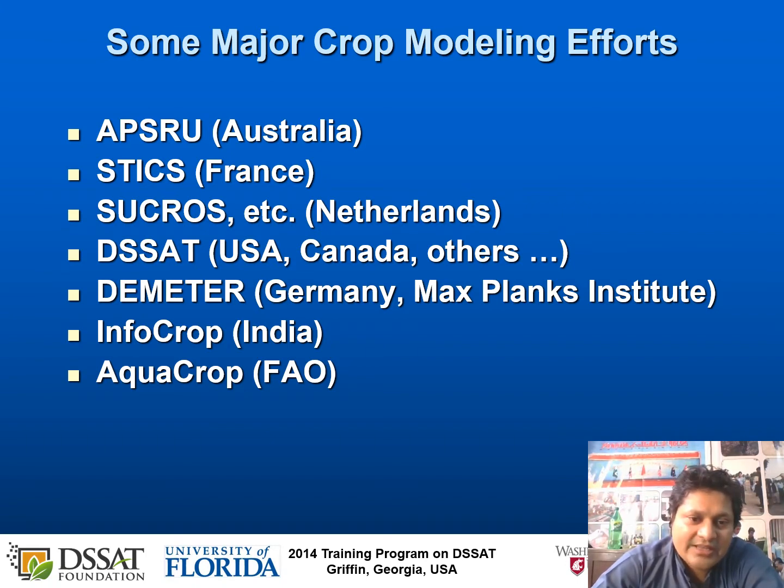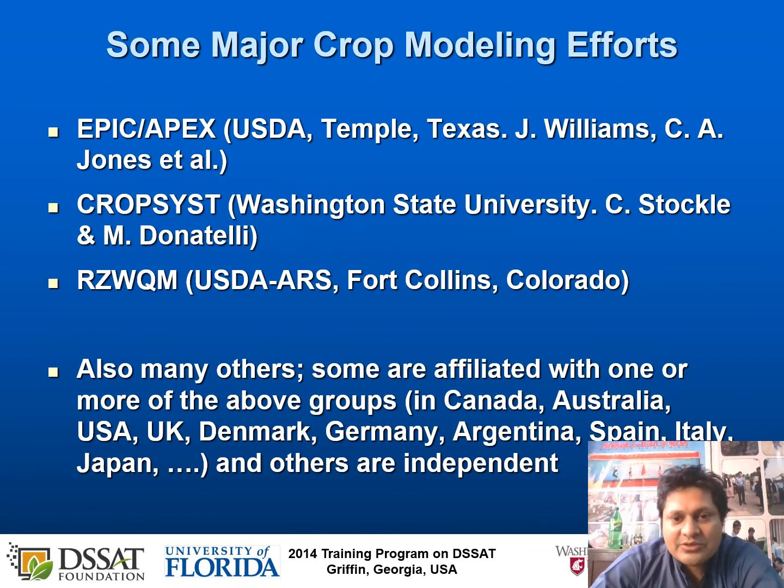So there are some major groups working on modeling, such as APSRU from Australia, STICS from France, CROSS from the Netherlands, DSSAT USA, DAISY Germany, Max Planck Institute, InfoCrop India, and AquaCrop from FAO. Some major crop modeling efforts have been introduced by EPIC from the USA, from Texas, CropSyst from Washington State, and the BPM model from USDA ARS.